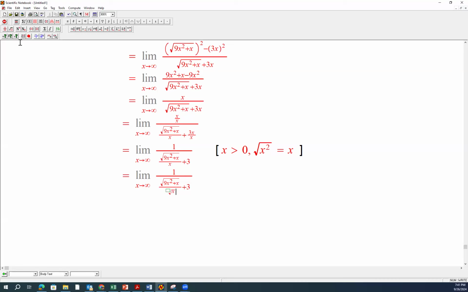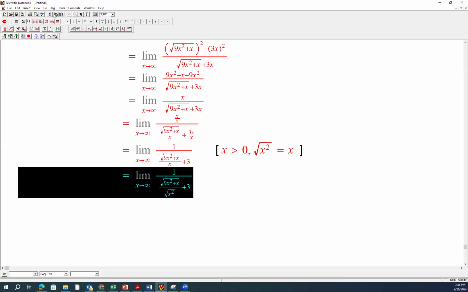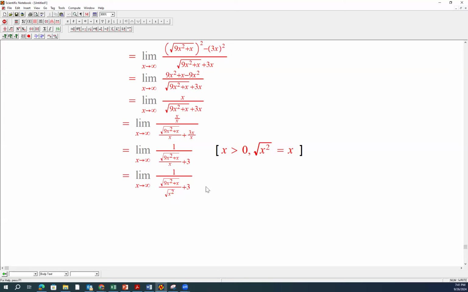So the square root of x squared. x was substituted by the square root. But why do we do that? We do that so that we can bring x squared underneath the square root sign. By this time, we will be able to put them under the same square root.